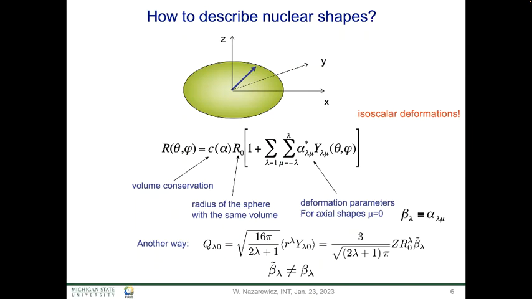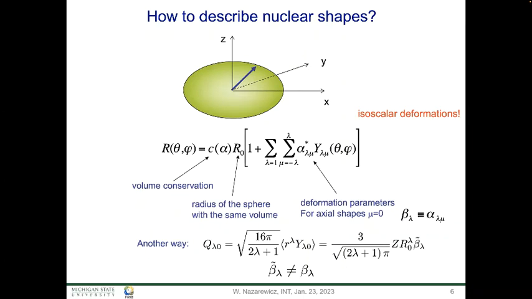You can expand the surface, which you can define in terms of, say, the density being more or less 50% of the value in the interior. So this is the radius expansion. And if the nucleus is axial, those parameters alpha are called beta, so beta deformations.